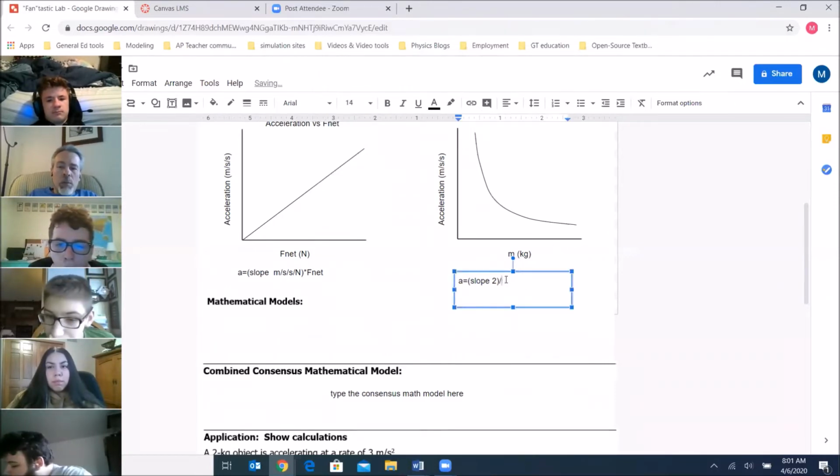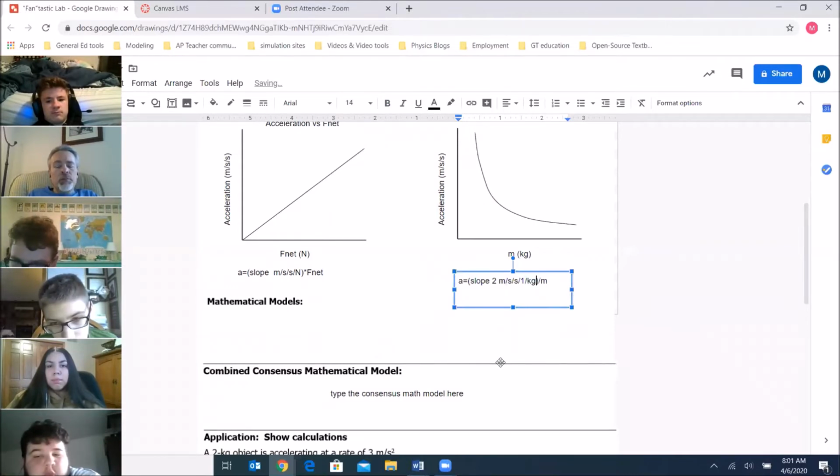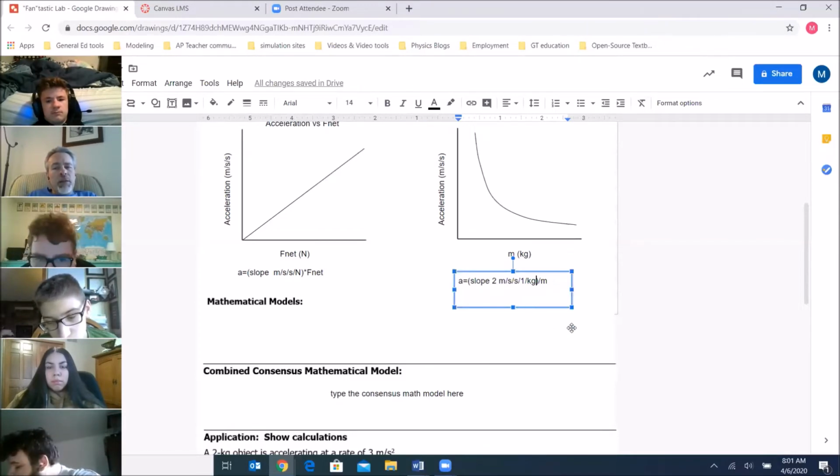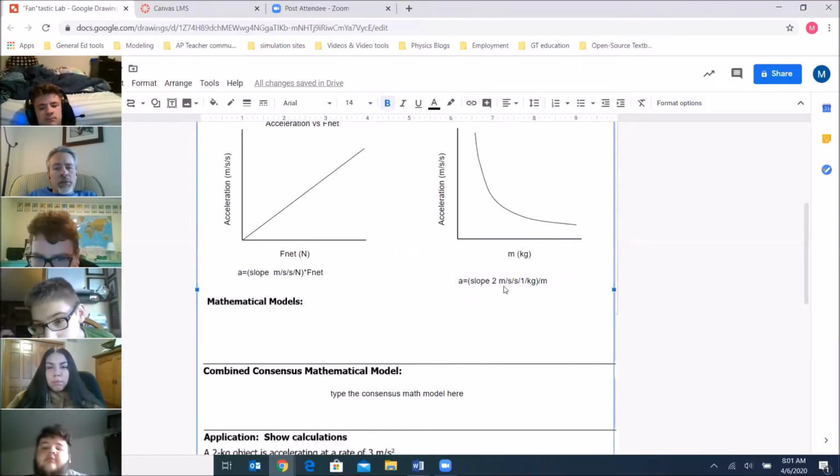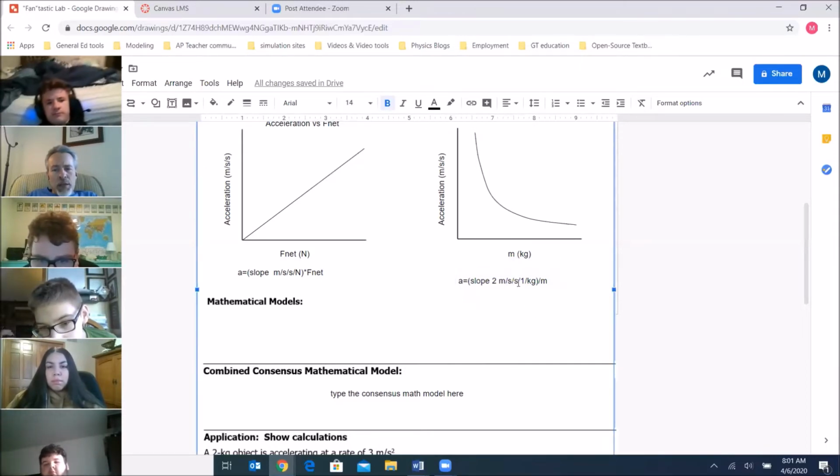So it's over m. We also need to have units for slope 2. The units would be meters per second divided by 1 over kilograms. If you're wondering why it's 1 over kilograms, it's because this is an inverse relationship, okay? So that's kind of a messy, ugly unit. It's meters per second over 1 over kilograms.